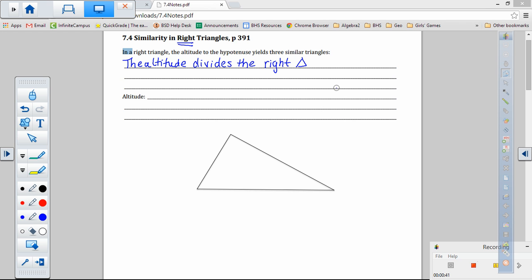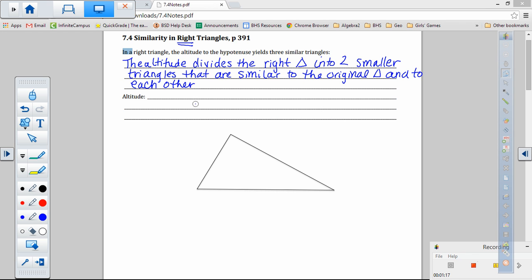The altitude divides the right triangle into 2 smaller triangles that are similar to the original triangle and to each other.